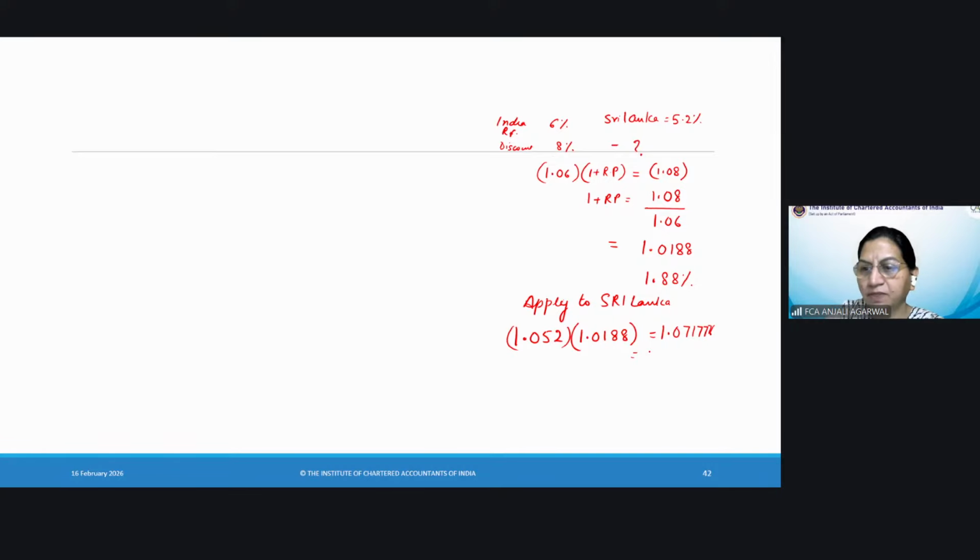We can keep it as 1.0718. So 7.18% would be the discount rate applicable for calculating the value of project in Sri Lankan currency or the foreign currency. Apart from this, we will use the concept of Forex, interest rate parity or covered interest parity.